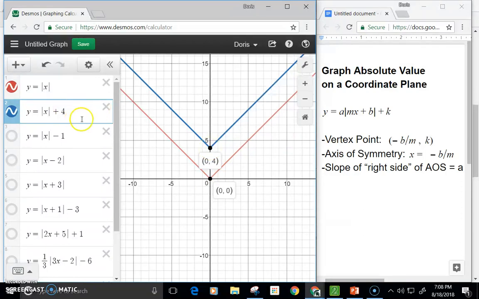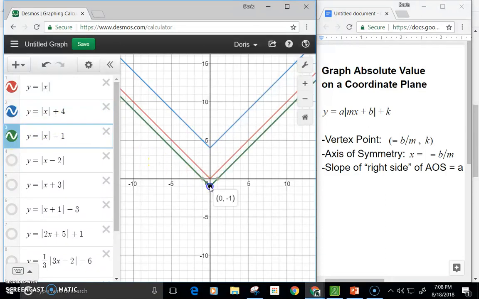So if when we add 4 to our parent function, the graph moves up 4 units, then what do you suppose happens when we subtract 1 from the parent function? Probably guessed that it will move down 1 unit. So notice that our original function had its vertex at 0, 0. The new function has its vertex at 0, negative 1.